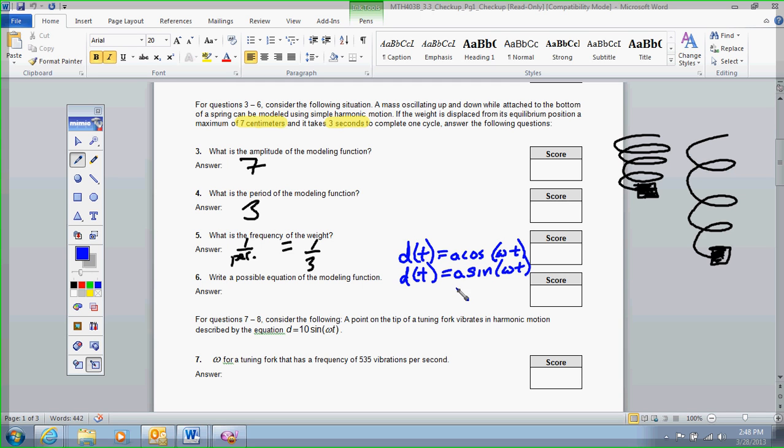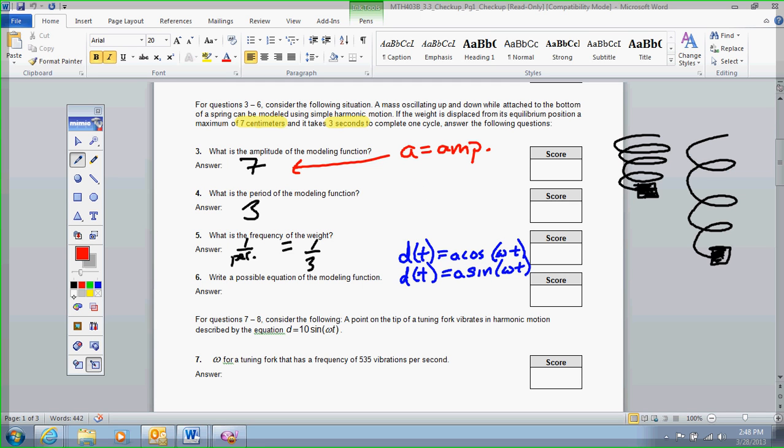And so basically I could pick either one of these to work with. If we remember that A is my amplitude right there, and that we have a formula given to us that tells us that.